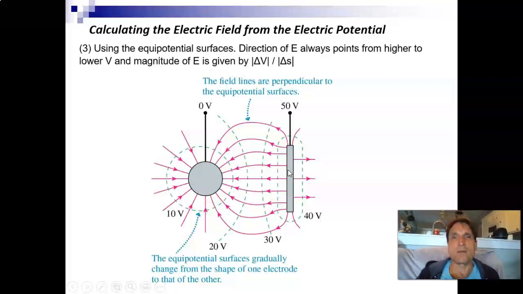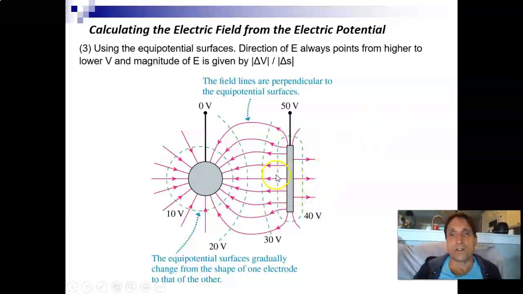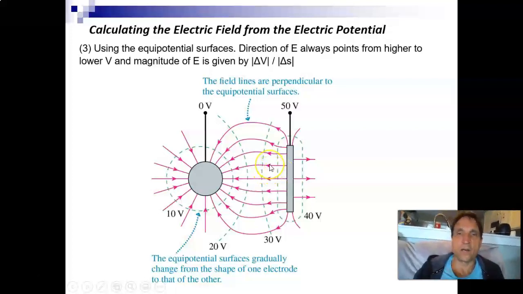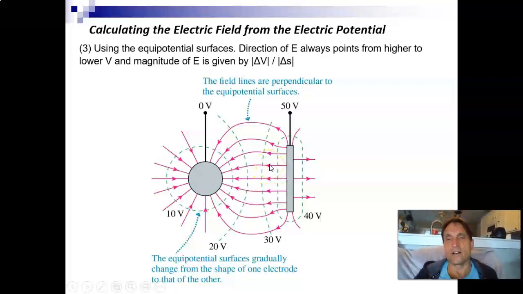If you know the equipotentials, the change in voltage, and the distance over which this occurs, then delta V over delta X, or whatever direction this is, gives you the X component of the electric field.